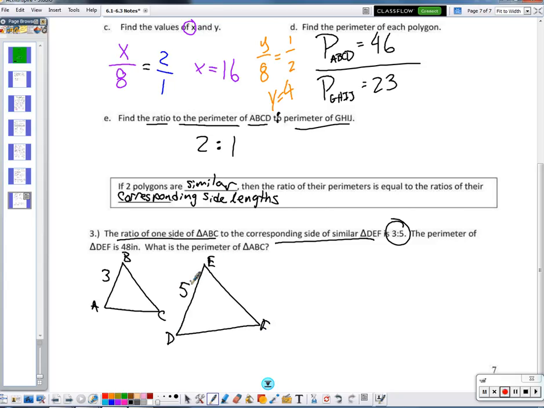So if those sides are 3 to 5 and they're similar, because they tell me they are, and the perimeter of DEF is 48, how would I find the perimeter of ABC? Remember, if two triangles are similar, their ratio of corresponding sides would be equivalent to the ratio of their perimeters.